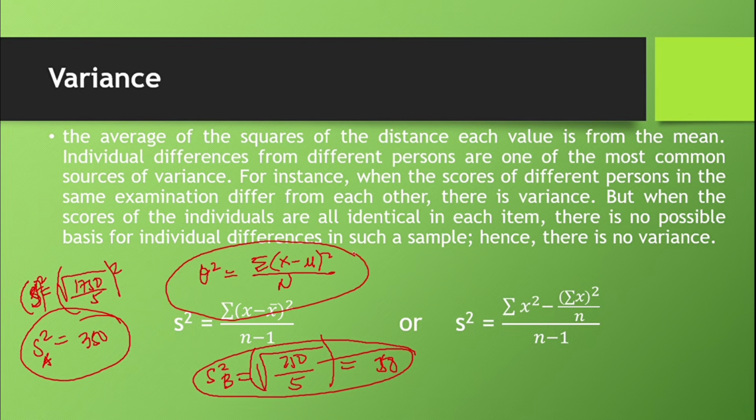So this is the formula for finding the population variance. Okay, that's it for the variance.